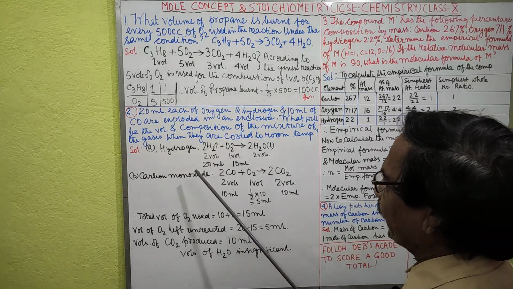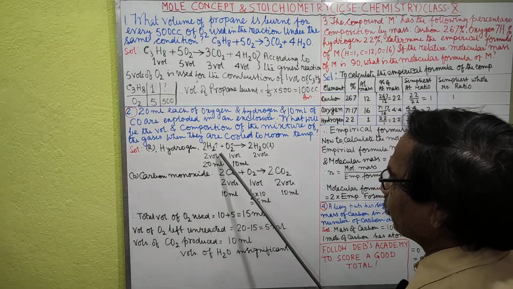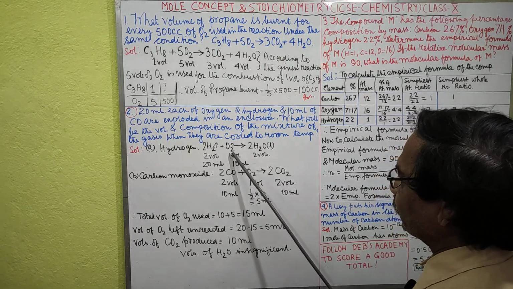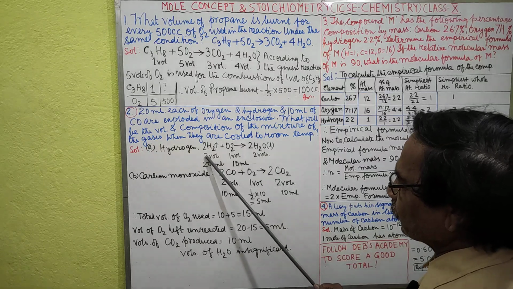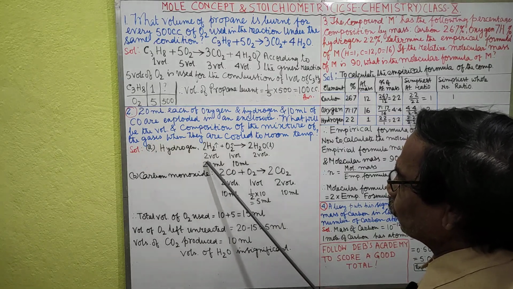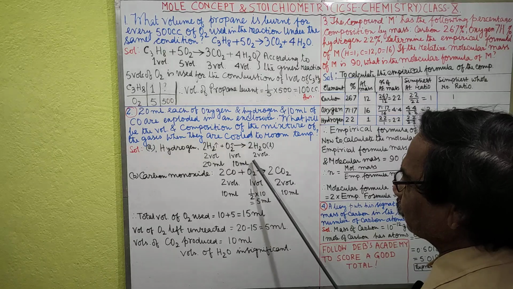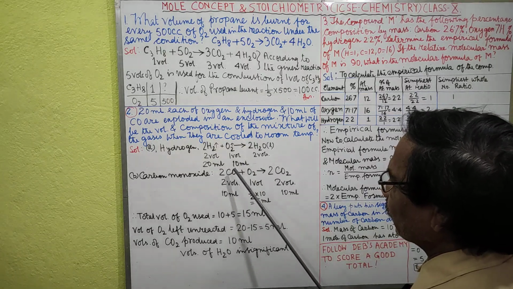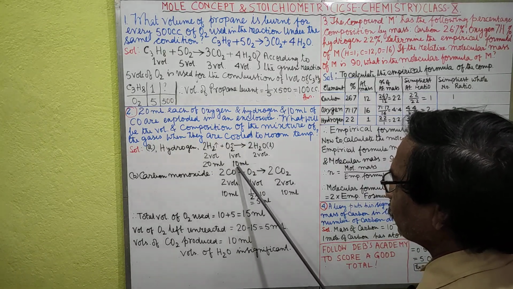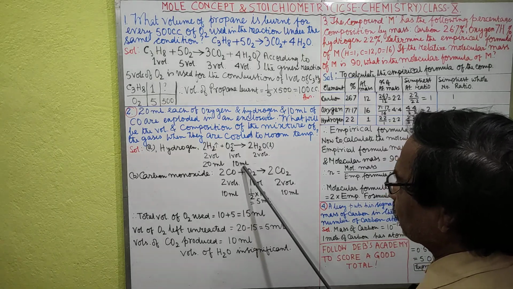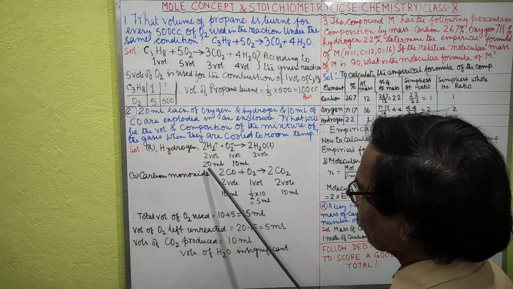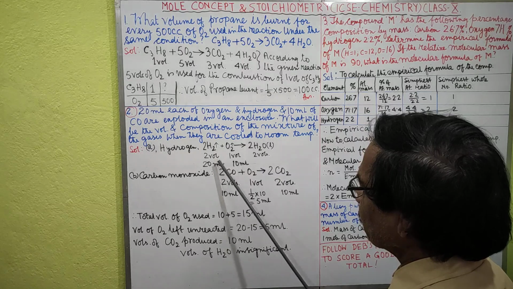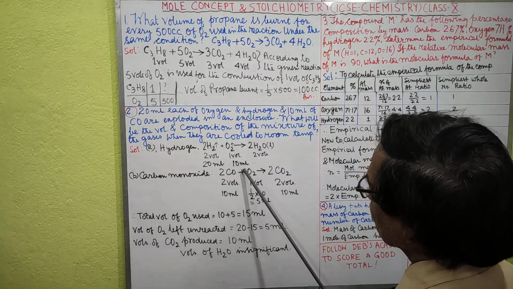The first one, hydrogen: when hydrogen and oxygen react, it forms water. After balancing we get 2 volume, 1 volume, 2 volume. When hydrogen is 20 ml, oxygen is half, that is 10 ml.